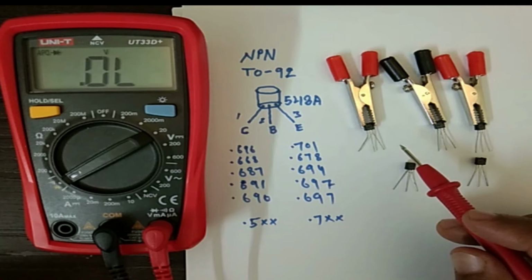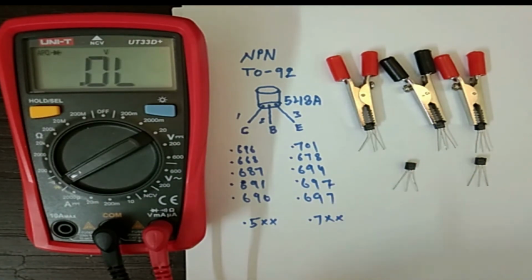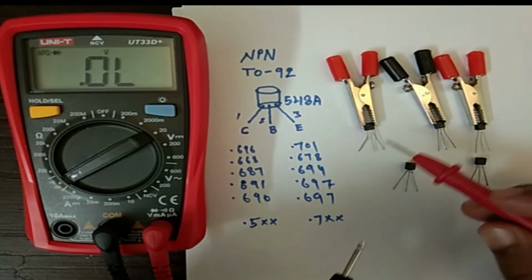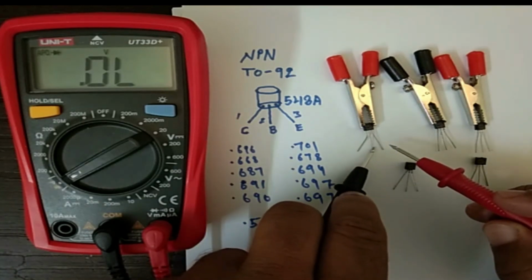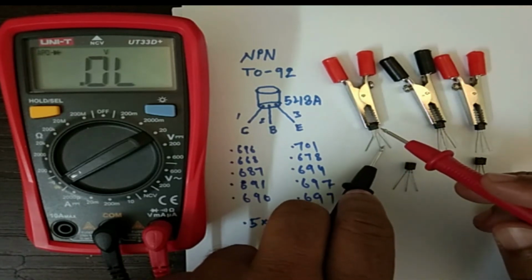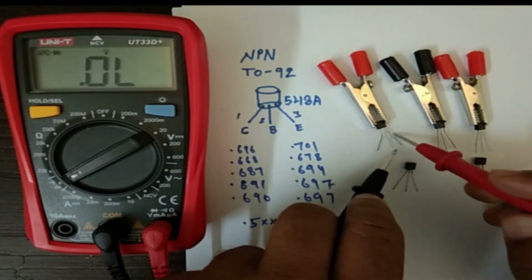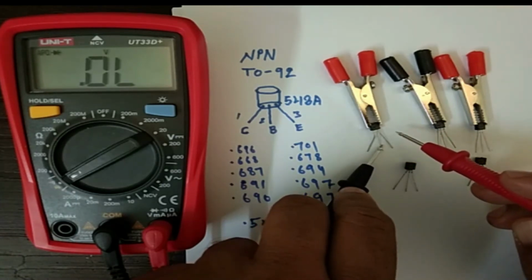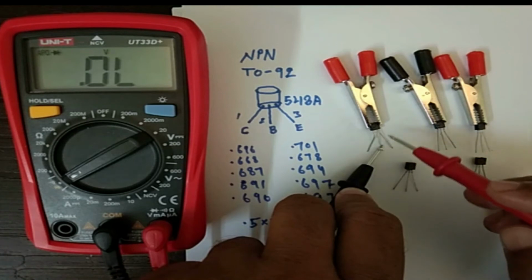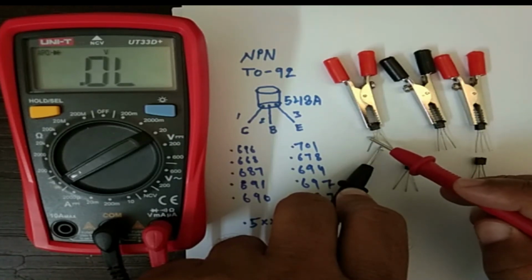There is another way to know whether the transistor is okay or not. First we had put the red lead at the middle. Now we will put the black lead in the middle, and we will check the collector and emitter. It will always show open. In PNP transistor measurement you always put the black lead in the middle base, but this is an NPN transistor, so it will always show open.